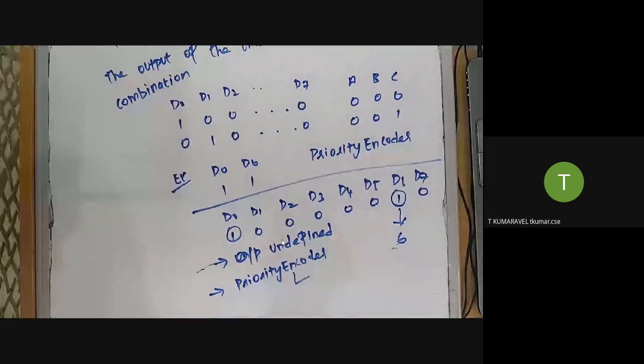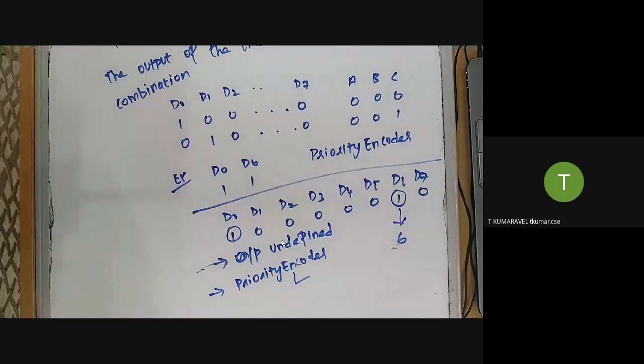The main objective is that suppose you take a two-input combination in which more than one bit has the value equal to 1. In that case, which case am I going to consider as output? To work with this problem, we go for the priority encoder.